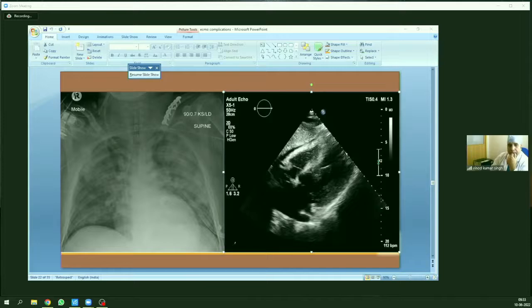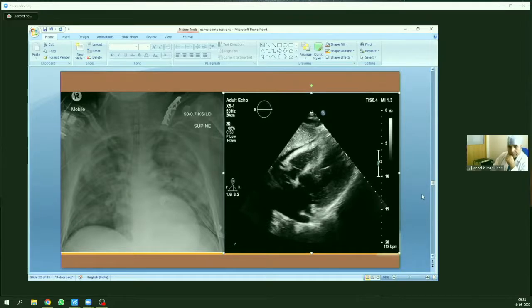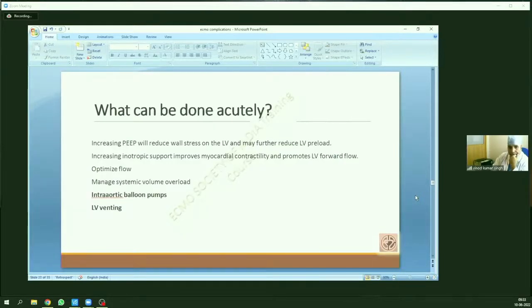Yeah, you can do it, sir. Is it moving, sir? Not moving. Just a minute, sir. Now, sir? Now moving. Yes, now moving. Okay.